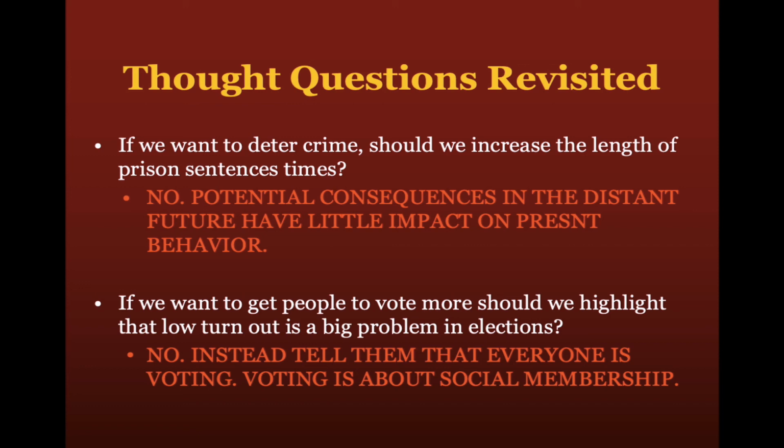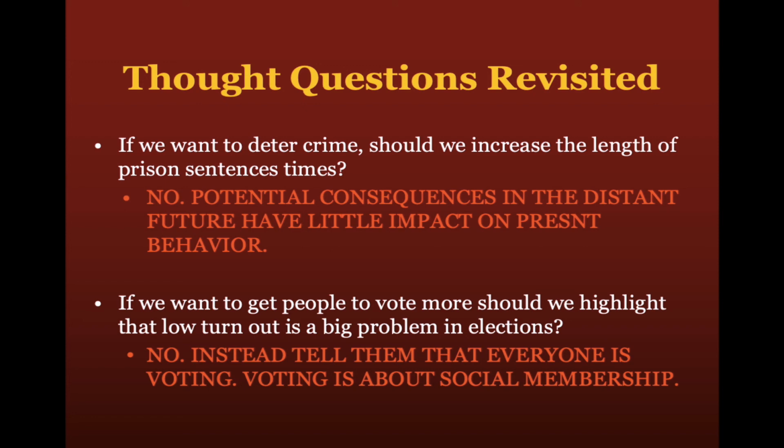And the second one: if we want to get people to vote more, should we highlight that low turnout is a big problem in elections? The answer again is no. There's data that shows that what you should do is the exact opposite. You should tell them that everybody's voting, because voting is a very social process. If you're a Democrat and you say all Democrats are voting, you want to be a good Democrat, so you want to go and vote.